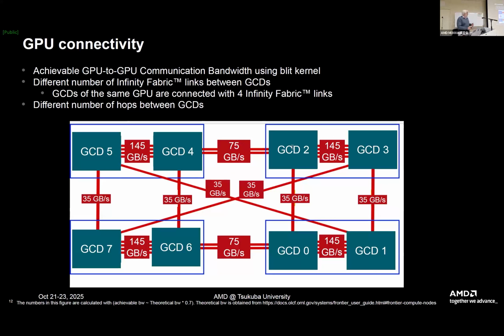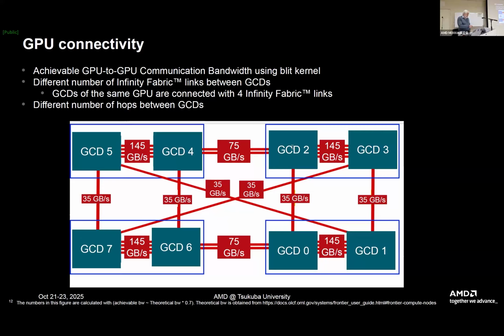So here is the diagram for, I believe, the 250 at Lumi or Oak Ridge. And you can see that the GPUs have different communication links. So that's why we saw different bandwidths when we used 0 and 1.